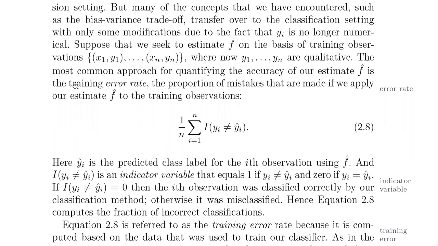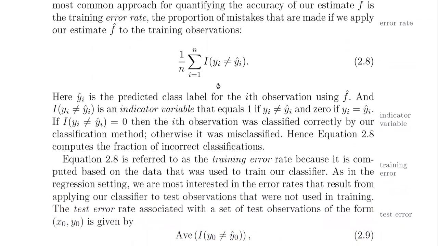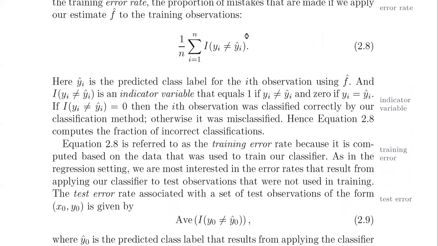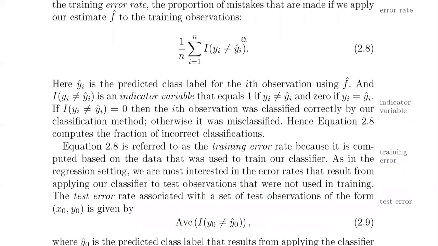So we're still speaking of training error rate, and I would imagine there's going to be a test error rate somewhere along the line. This is the proportion of mistakes. Now, what is a mistake? Well, that's when you incorrectly classify something. The proportion of mistakes that are made if we apply our estimate f hat to the training observations. So where does the proportion come in?